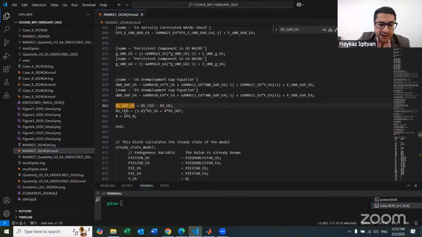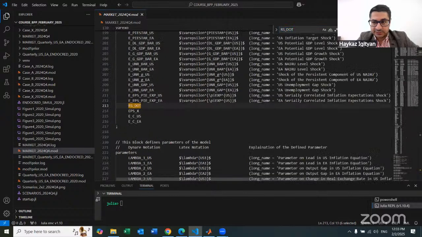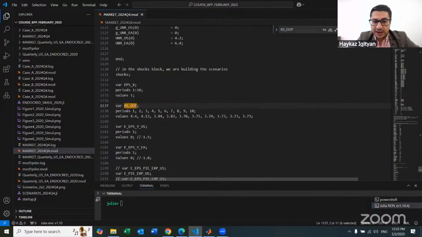Then what is RS Fed? We are saying that RS Fed is a combination of RS US, which is the policy rate, and RS dot. Okay. And we are making this X varying. And what is RS dot? RS dot is a shock. Okay.